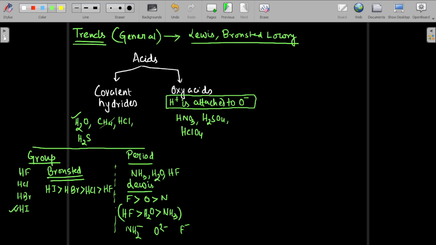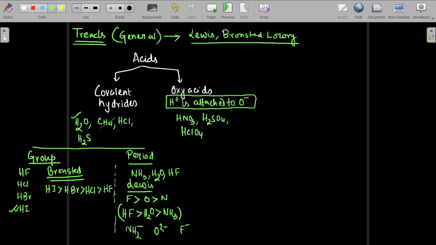First, we have to understand the acidic strength order: HF, H2O, NH3. If we subtract one H plus from these compounds, we get the compounds below. These below-mentioned species are nothing but the conjugate bases of the above acids.